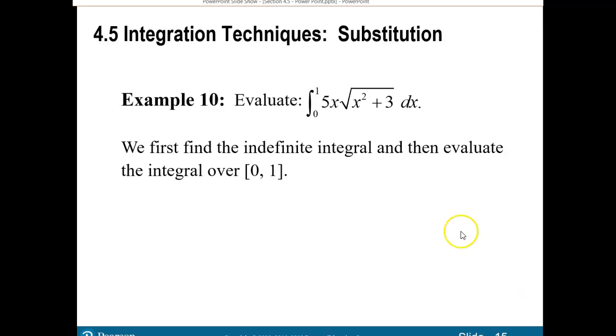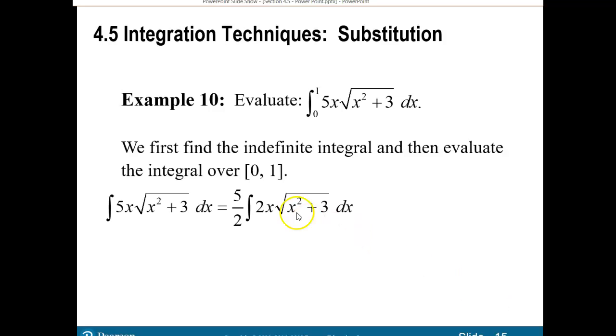All right, so first we want to find the indefinite integral before we evaluate. So the 5, they just pulled out to the front. And then by noticing that the derivative of x squared plus 3 is 2x, they put a 2 here because we're going to need it, but then we have to divide by the 2 like we've seen in the last couple problems.